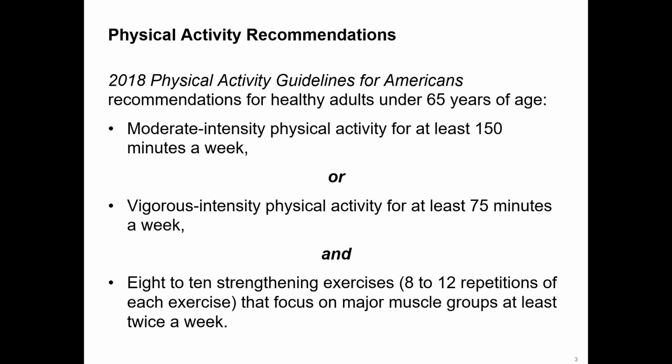Or they recommend completing some type of vigorous intensity physical activity throughout a week's time for at least 75 minutes. Okay. And they also recommend doing certain types of strengthening exercises that focus more on muscle groups. And so about 8 to 10 types of these during a week's time.